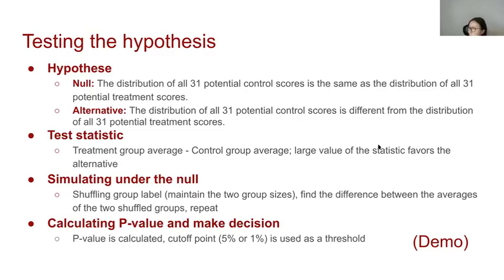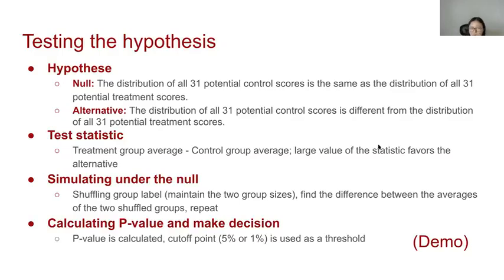This is what we mean by under the null: the distribution of the control scores is the same as the distribution of the treatment scores. So if I want to simulate under the null using the observed data set, I'm merely shuffling the group labels, because I'm controlling the group size, and whatever differences we're seeing are due to chance. That's what we mean by simulating under the null.